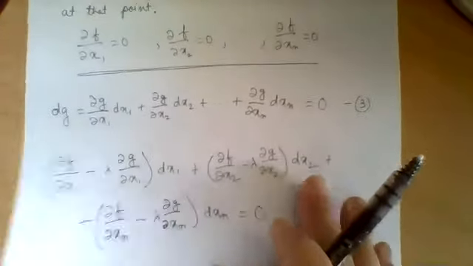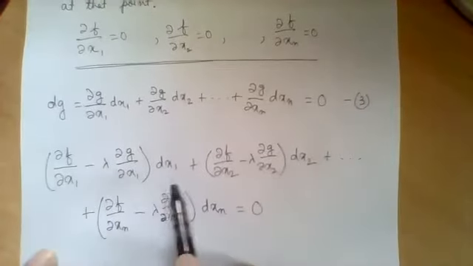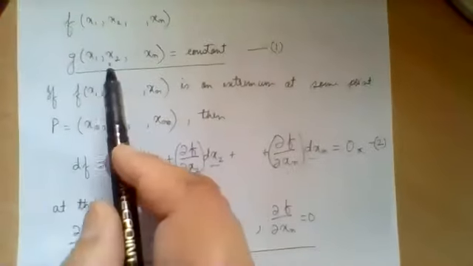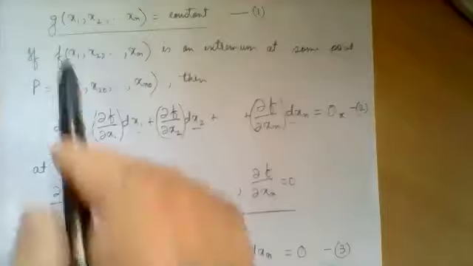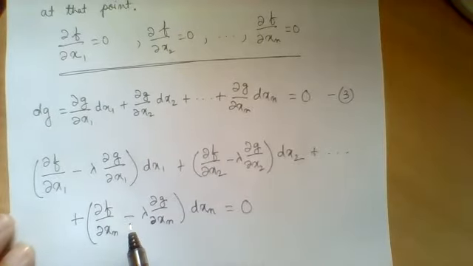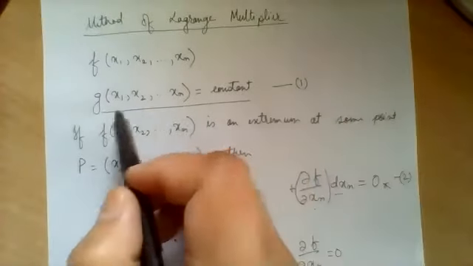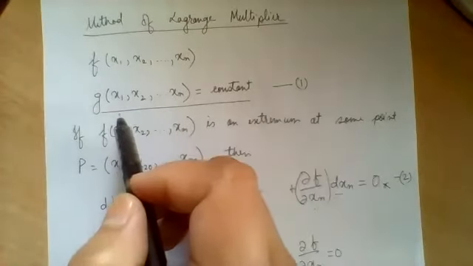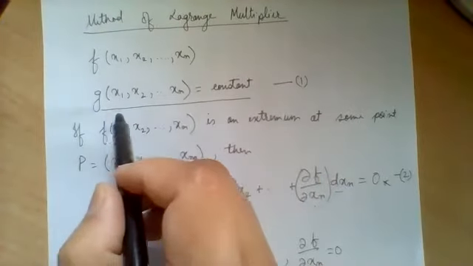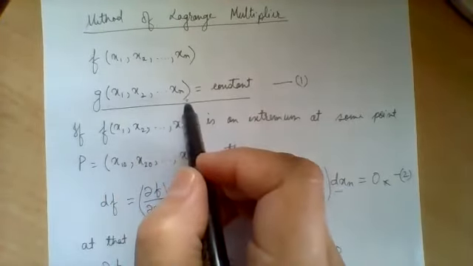As we have said, x1, x2, x3, and so on till xn, they are not independent of each other. Why? Because of this constraint equation. Because of the constraint equation, the number of independent variables reduces from n to n minus 1.